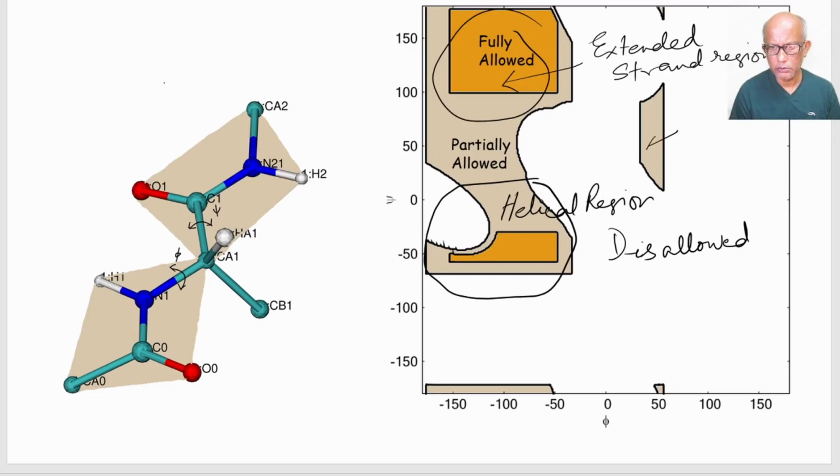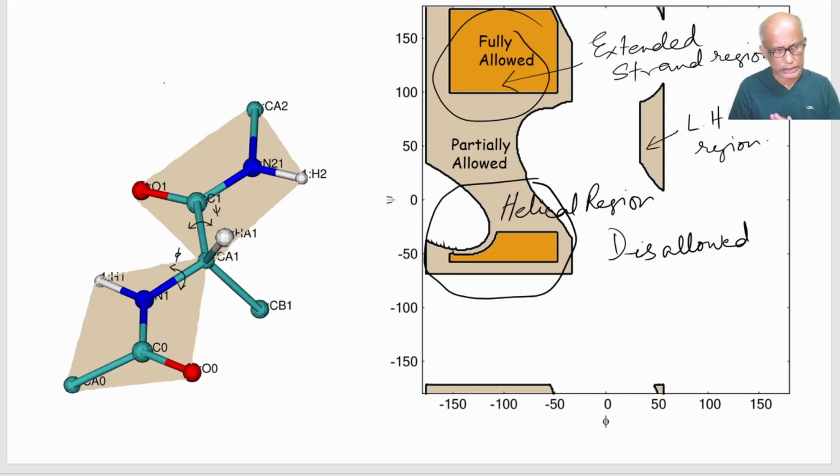And this turns out to be the left-handed helical region. Okay, so this we can do. So we can divide the Ramachandran map into the helical regions, the extended strand region and the left-handed region by looking at protein structures.